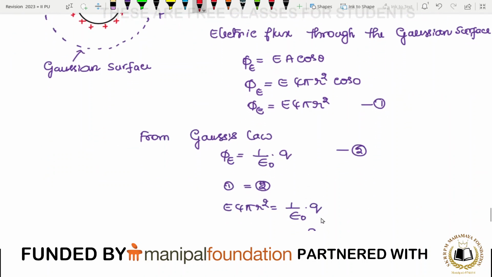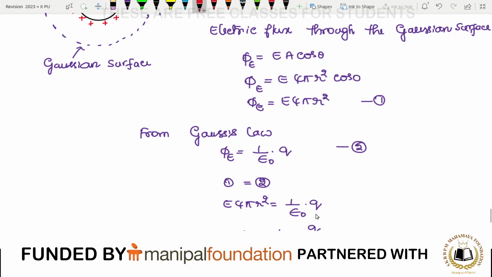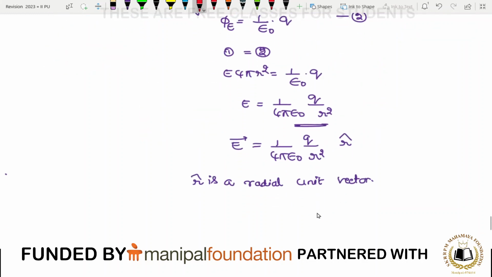That is equation 1. Next, from Gauss law, phi is 1 by epsilon naught times q. Now equate both, 1 is equal to 2. So E becomes 1 by 4 pi epsilon naught q divided by r square. In vector form, E vector equals 1 by 4 pi epsilon naught q divided by r square into r cap. R cap is the radial unit vector.